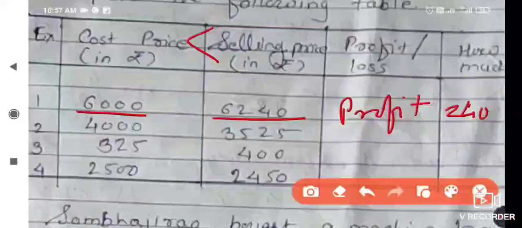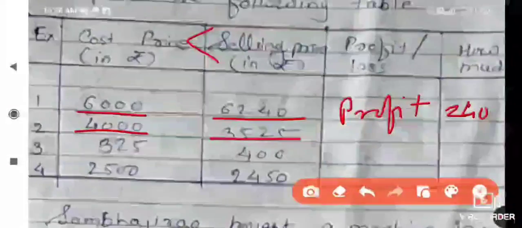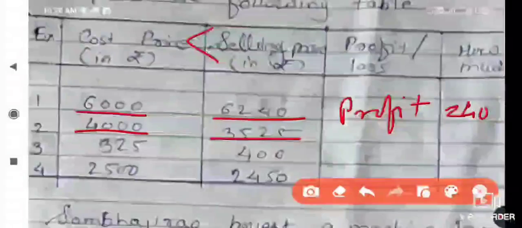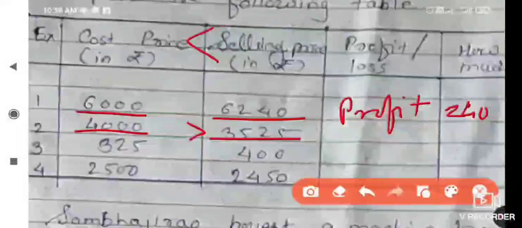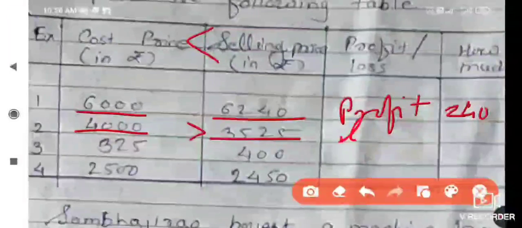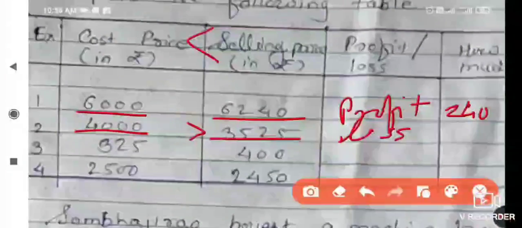In the second example, the cost price is 4,000 and the selling price is 3,525. In this transaction you will notice that the cost price is more than the selling price, and therefore there is a loss. And how much is the loss?